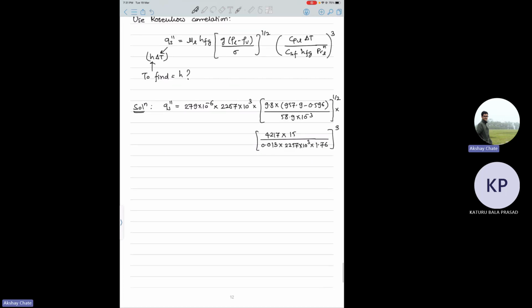So now we'll find out the first term first. So this is 279 into 2257, and whole thing will be divided by 1000. So therefore this term will be 629.703. Okay. Now the second term.